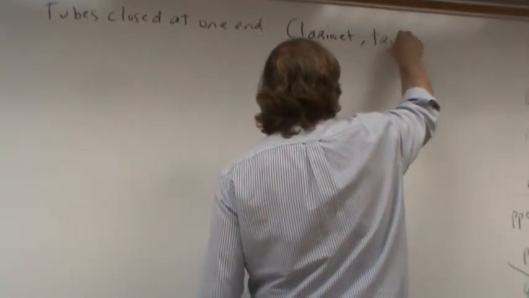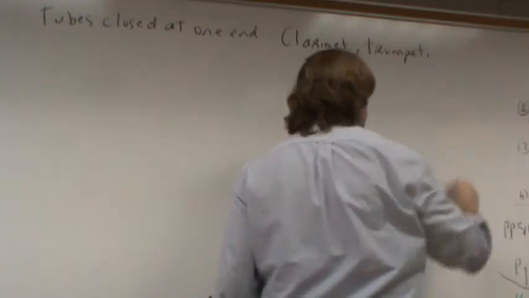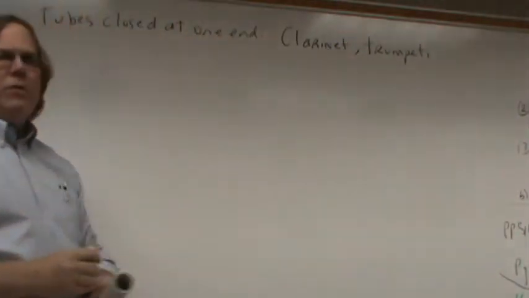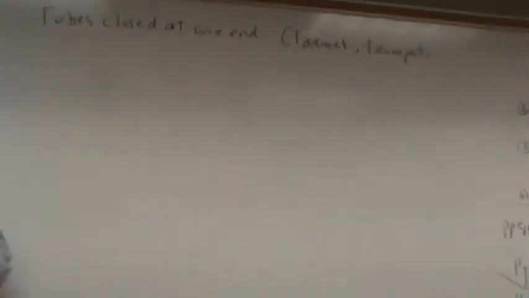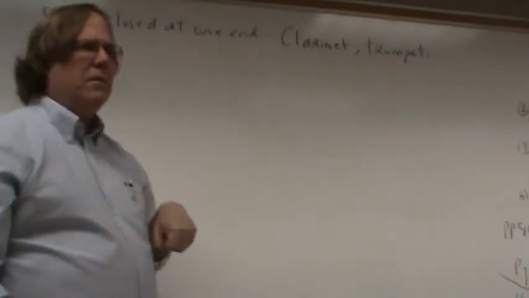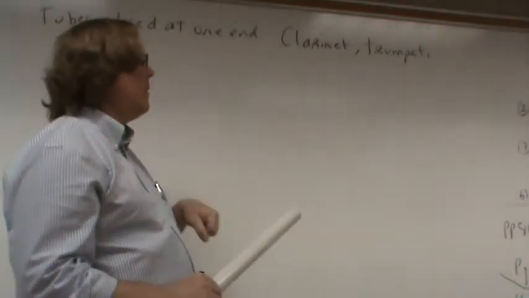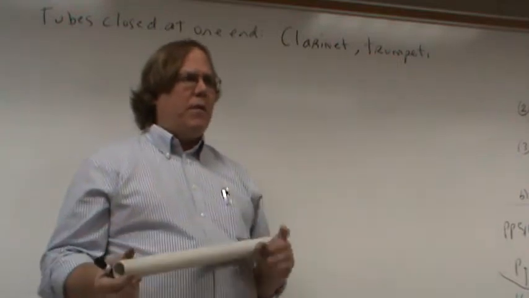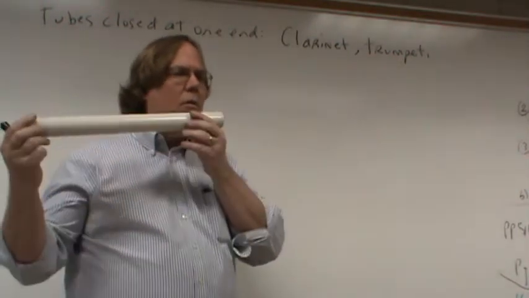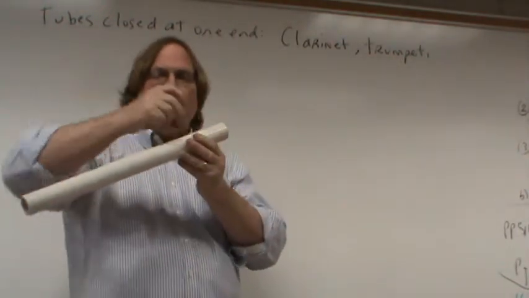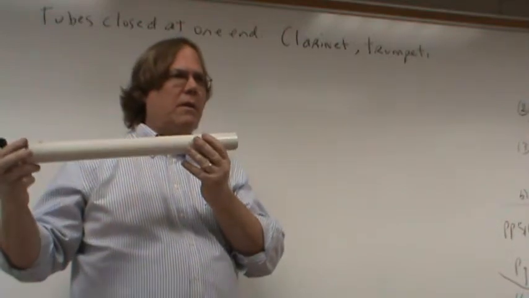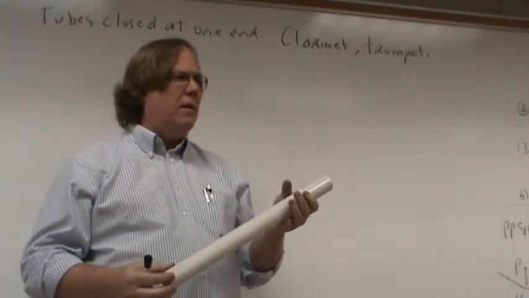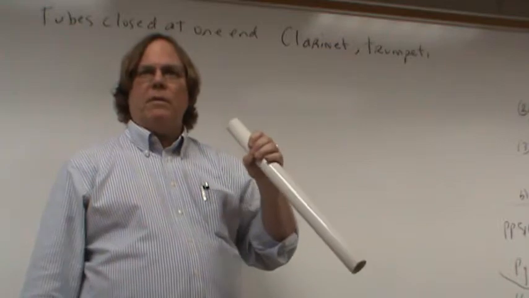Clarinet, trumpet. Those are tubes closed at one end, okay? Whereas with a flute, I'm having to blow across the mouthpiece to make sure I keep that open, right? What do I do to the clarinet? I just stick one end in my mouth, right?